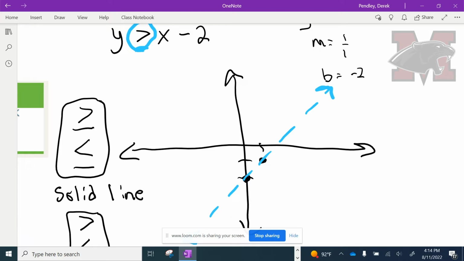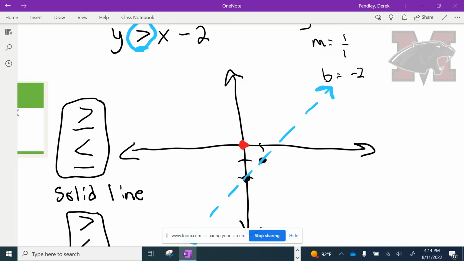Now, remember last week I told you anytime you can choose the origin, that's always a good one to do because zeros cancel out a lot of things when you're doing the mathematics. So we're going to choose the origin to test to see if that point is true on this inequality.